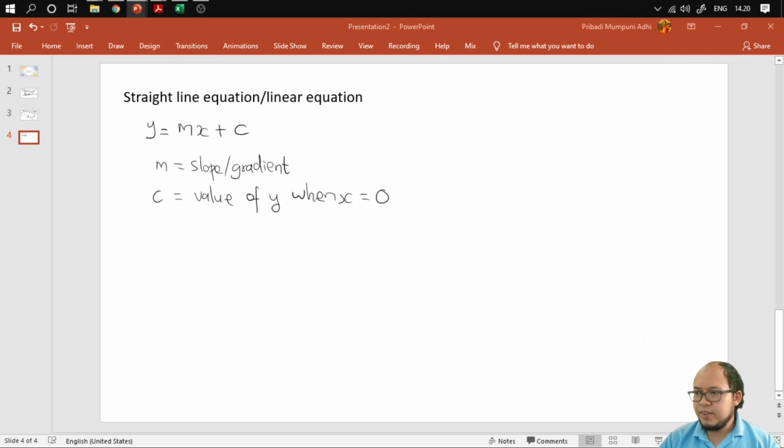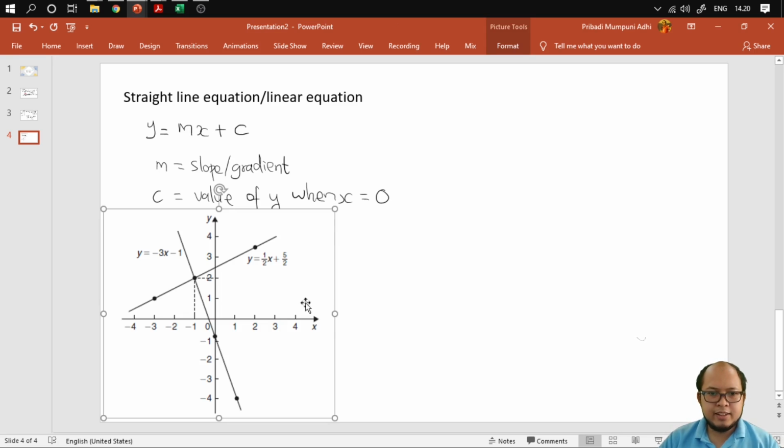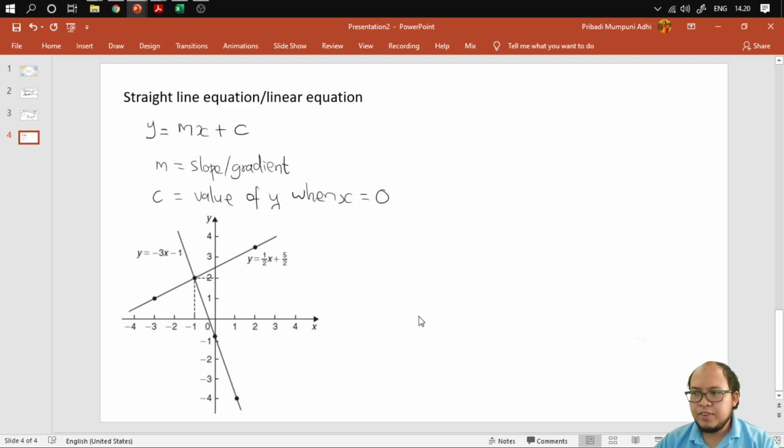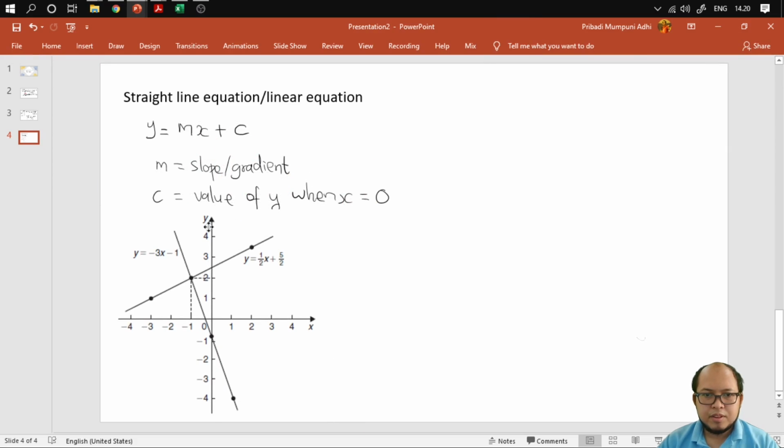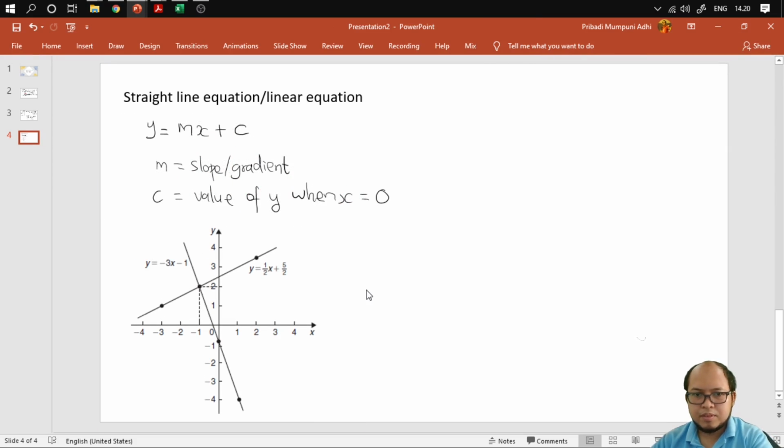For example, I have these two linear lines.